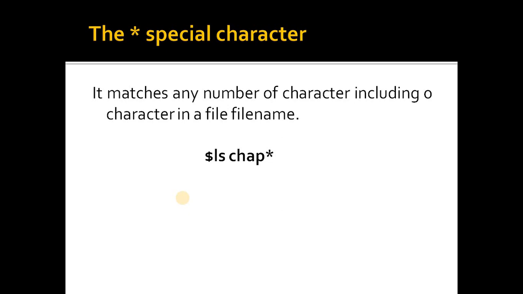So this asterisk can be substituted by 0 or more characters. So this CHAP* can match CHAP, which means it is substituted by 0 characters. It can be CHAP01, CHAP02 or any other characters. So it is the file substitution wildcard for 0 or more characters.